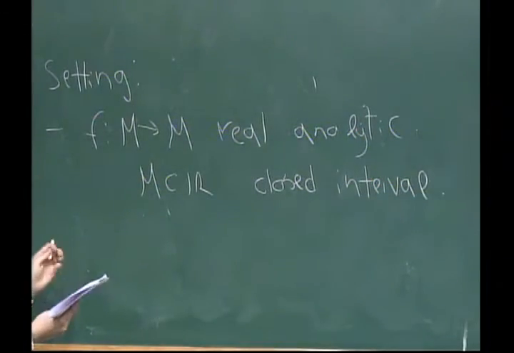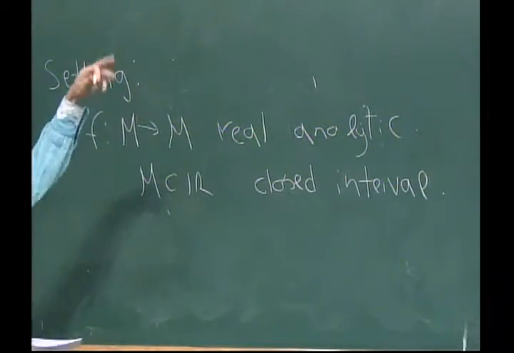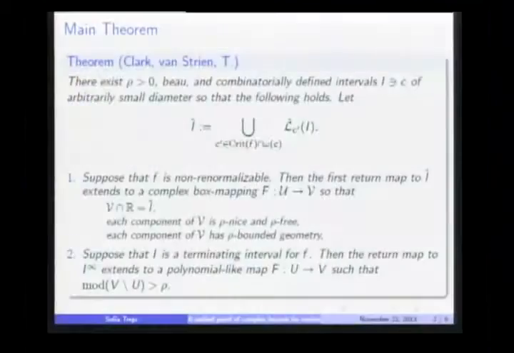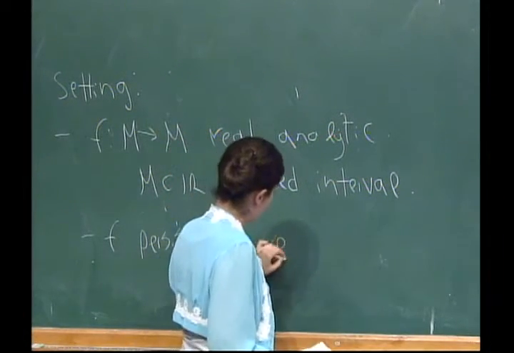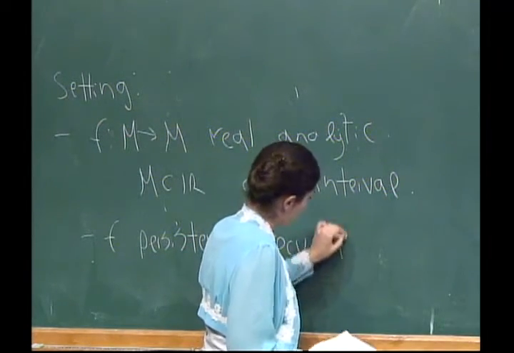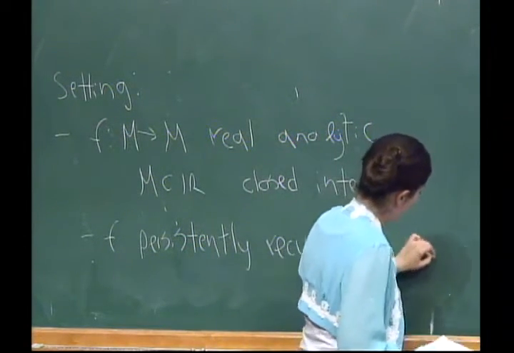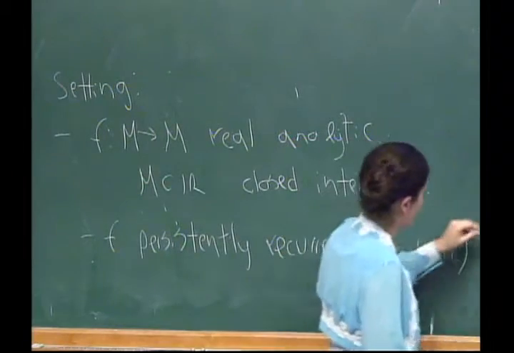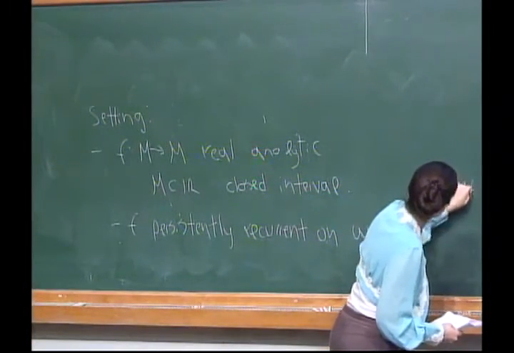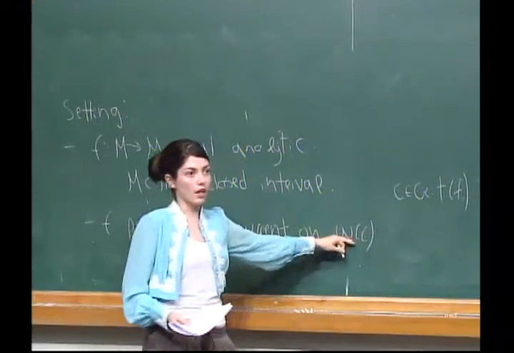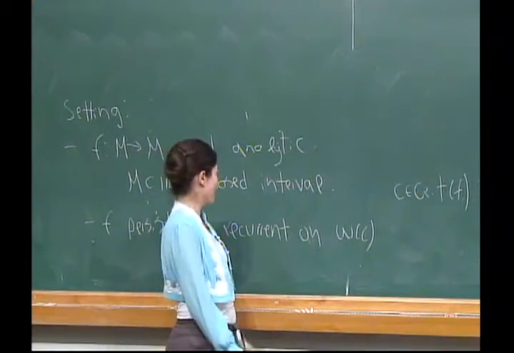And what we're going to have is that f is persistently recurrent on the omega limit set of c, where c is a critical point of f, and this is the normal omega limit set.